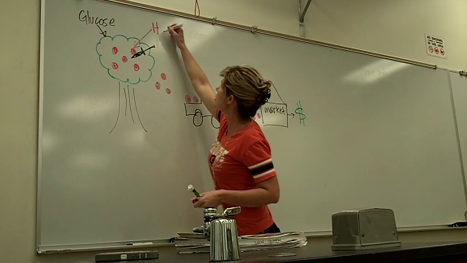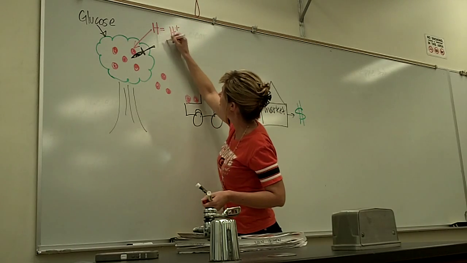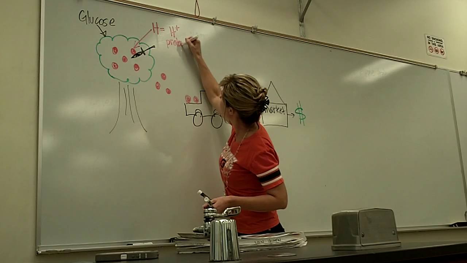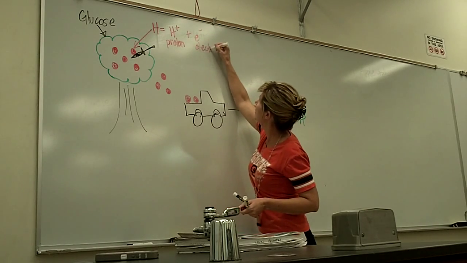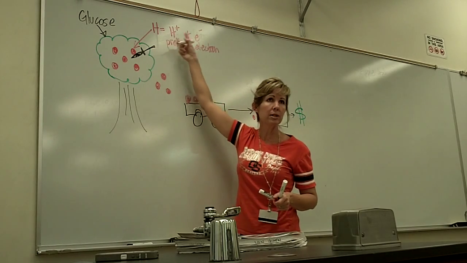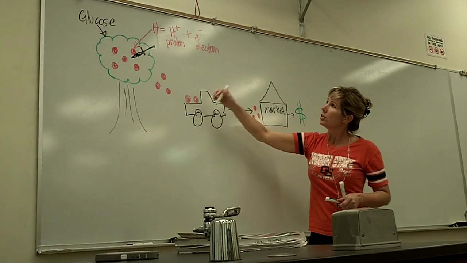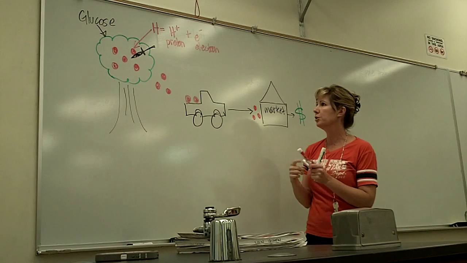And remember that each hydrogen is really a hydrogen ion, which is a proton, as well as an electron. So whenever you see an H, that represents a proton and an electron. You will need to harvest those and put them on your transport vehicle.